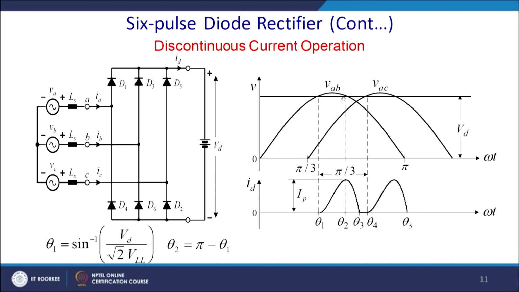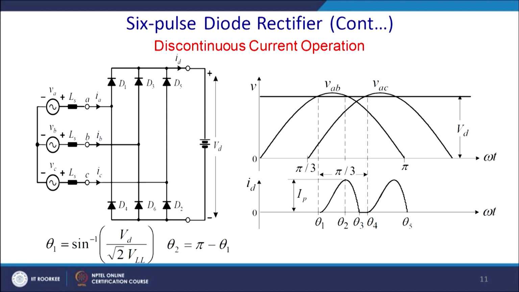Once again at this point zero crossing takes place. Then the capacitor's current continues to flow, and due to that the current will come back like this.